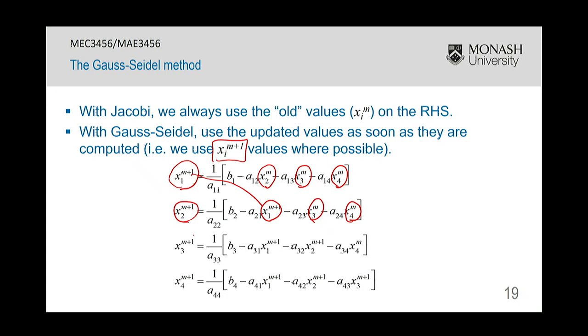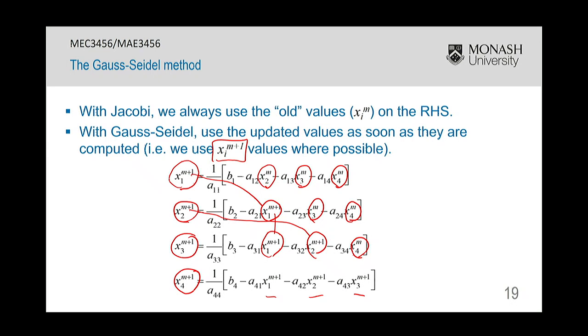When we come down to look at x3, we also already have x1 at the new iterate. We've now just calculated x2 at the new iterate, so we can use that in there as well, and the only old value we need to use is x4. And finally, when we come down to calculate the new iterate of x4, we can see we've already got the new iterate of all of the other x's, so we can use them on the right hand side.